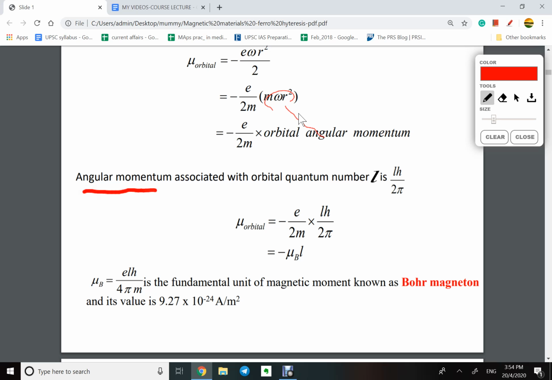And the angular momentum associated with the orbital quantum number is given by this. Now we get finally an equation like this.